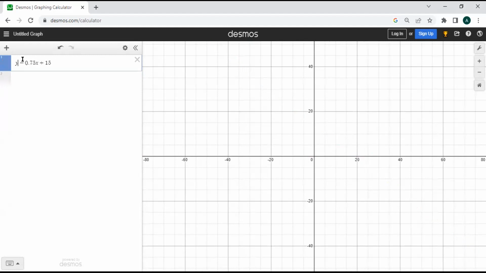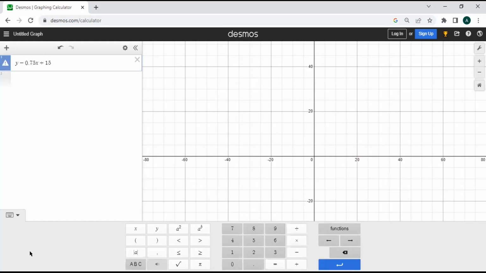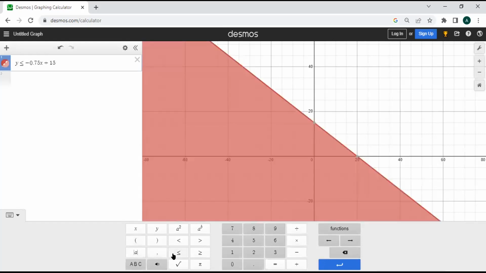It should be less than or equal to, right? So that's what the graph will look like. And the shaded region is the part that is less than or equal to the equation here. We can use any value that is below the line. That's why we say less than or equal to.